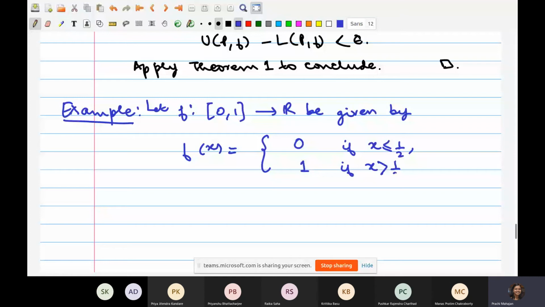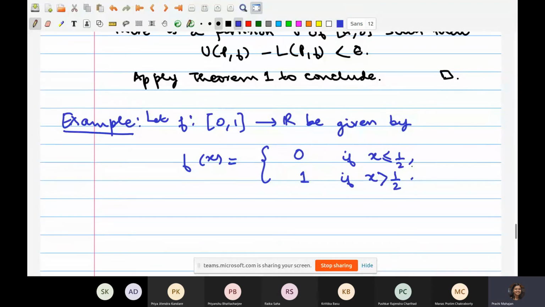Clearly this function has a discontinuity at the point half, so we cannot appeal to this theorem directly, but I say that still this function is going to be integrable. Let's see how.